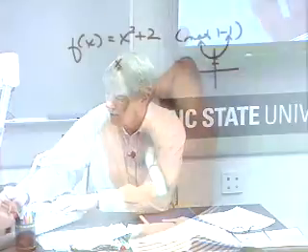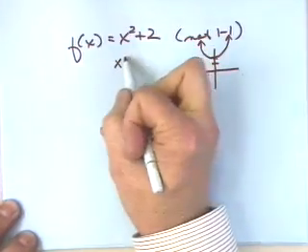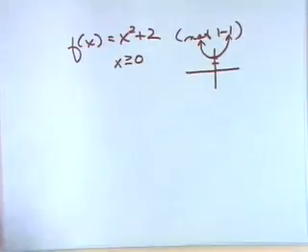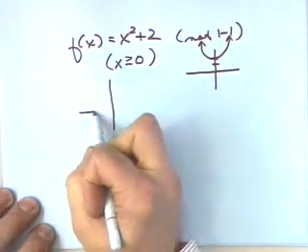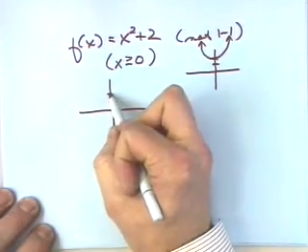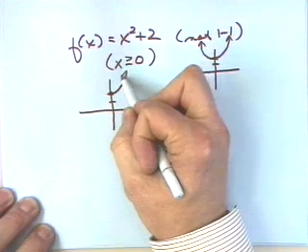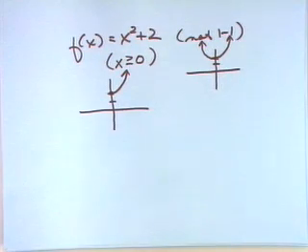Well, let's just do that by saying the domain is x greater than or equal to 0, right? So if we restrict the domain on the original, we have that set, which certainly is clearly related to the original set, but it isn't the entire set. But that is 1 to 1.